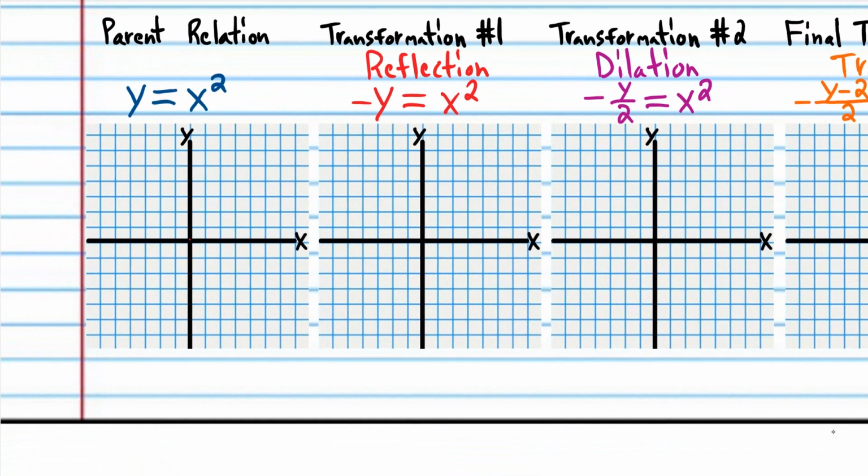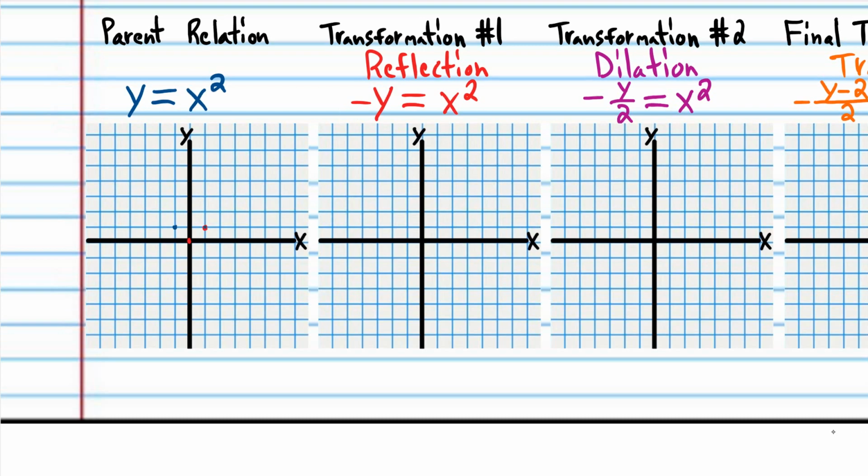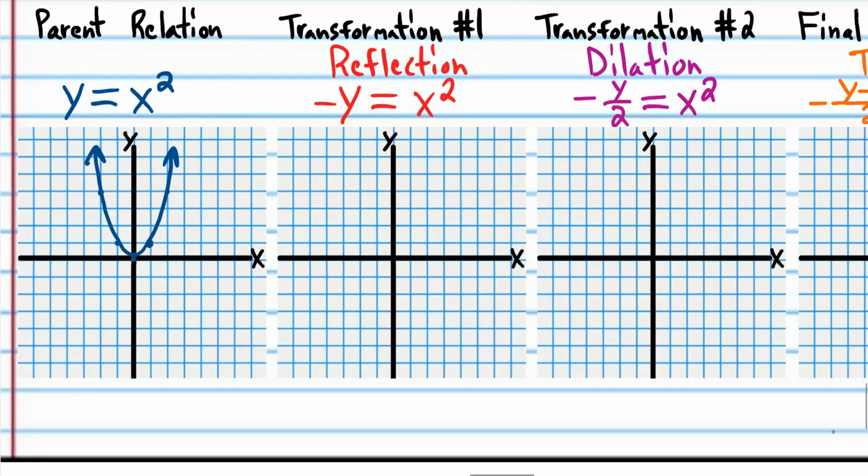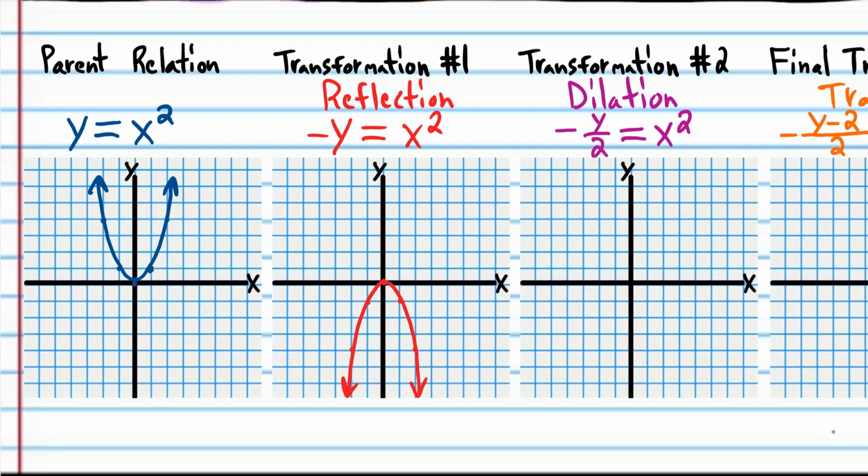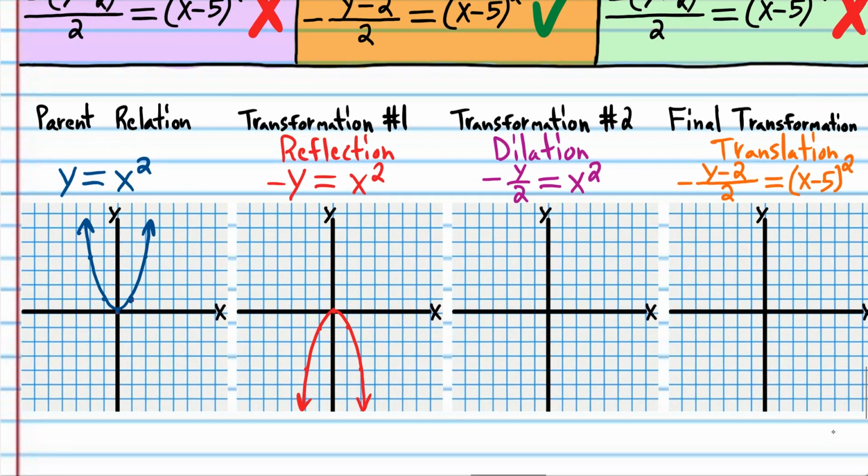Let's draw our parent graph. You have all those reference points. And we're going to reflect across the x-axis. So that flips the entire graph down, like so. And then we're going to replace y with y over 2.